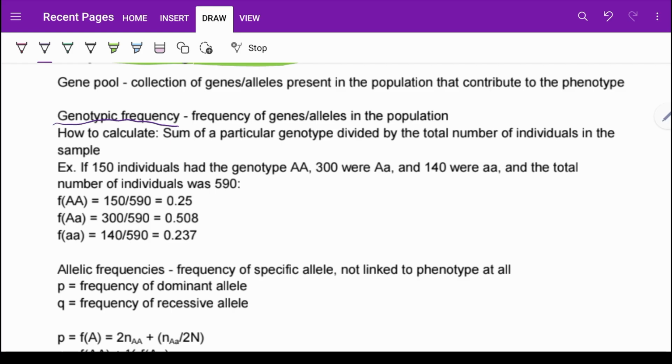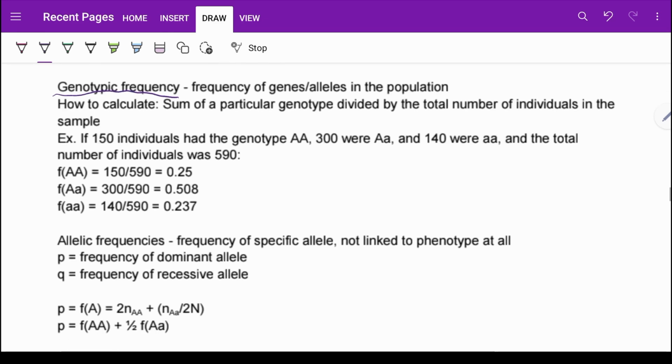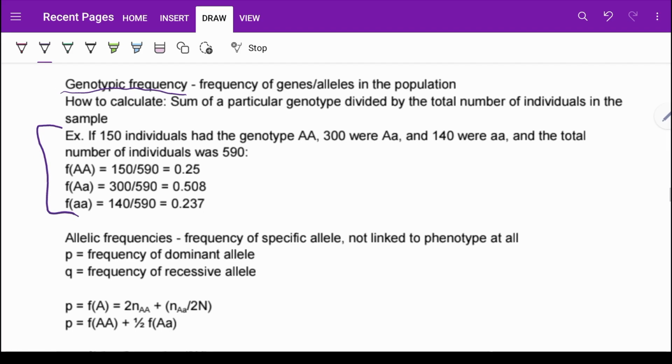We have genotypic frequency. That is the frequency of genotypes in the population, and we calculate it as the sum of the particular genotype divided by the total number of individuals in the sample. This is an example right here. We have different numbers of individuals with each genotype, and we have the total, and then we just divide them out, and those would be our genotype frequencies.